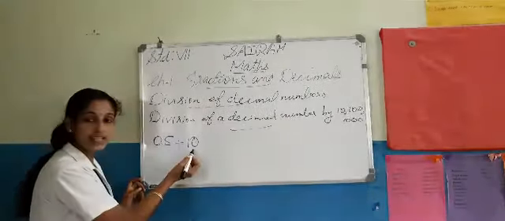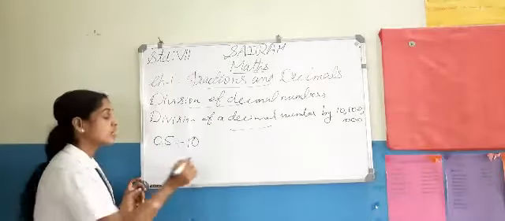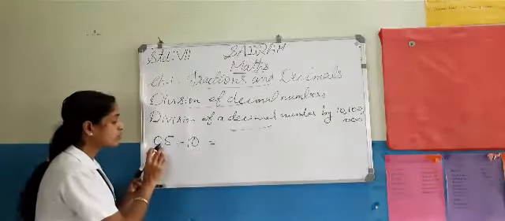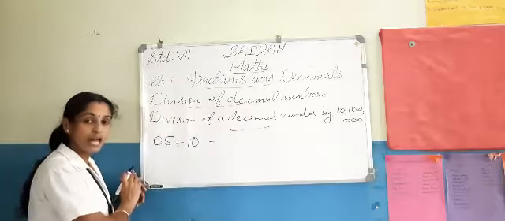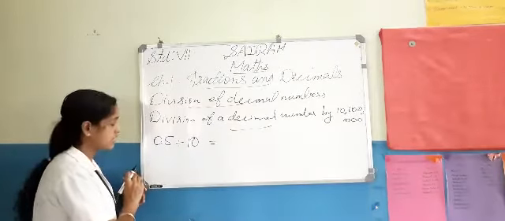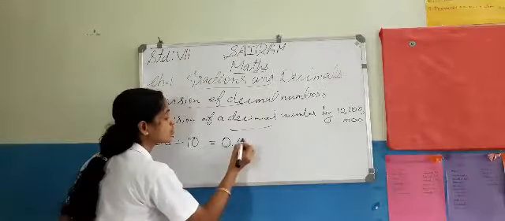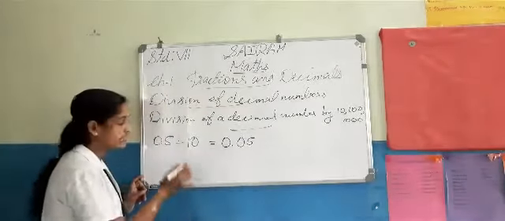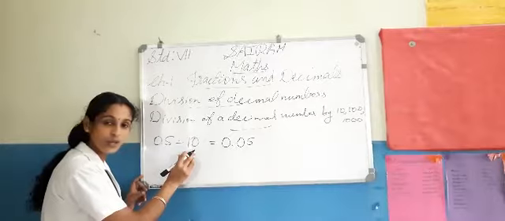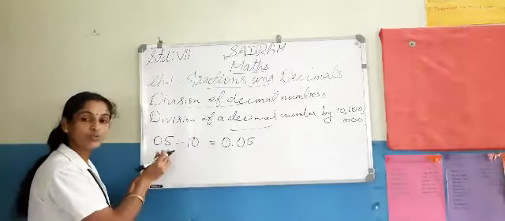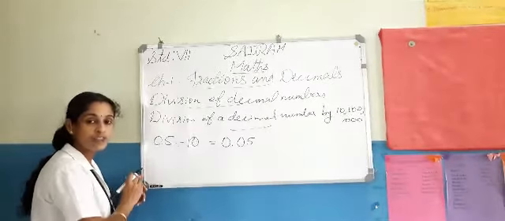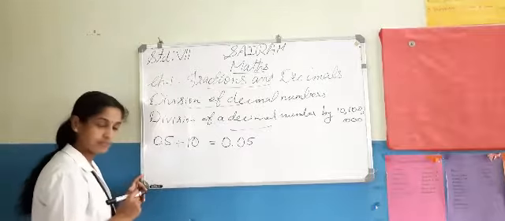So, here in 10 there is only one 0. We want to move this decimal point to the left by 1 place. Then we get 0.05. In 10 there is only one 0, because of that we can move the decimal point to the left by 1 place.